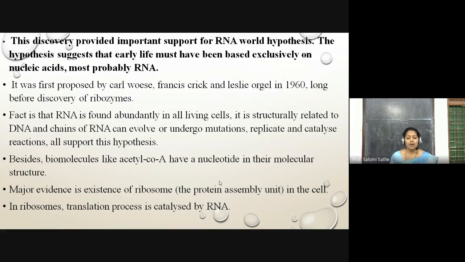Fact in that RNA is found abundantly in living organisms, as we know. It is structurally related to DNA, and chains of RNA can evolve or undergo mutation, replicate and catalyze reactions. All support these hypotheses.